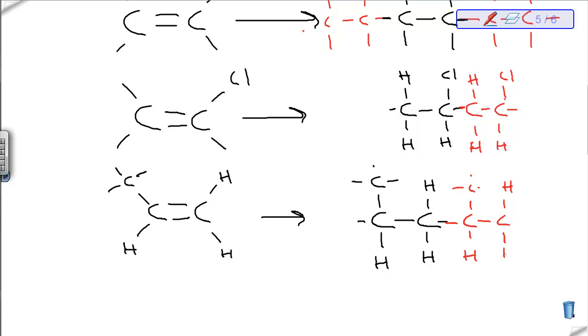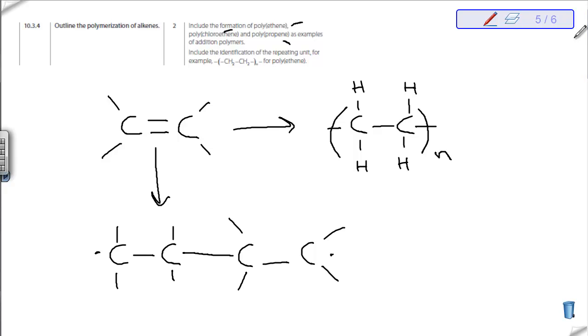So these three, I don't know if they're going to ask you to talk about specific uses of these three, but if they do, just refer to your curriculum guide. For example, reading from section 10.3.4, you are asked to include the formation of polyethylene, polychloroethylene, polypropene as examples of addition polymers.